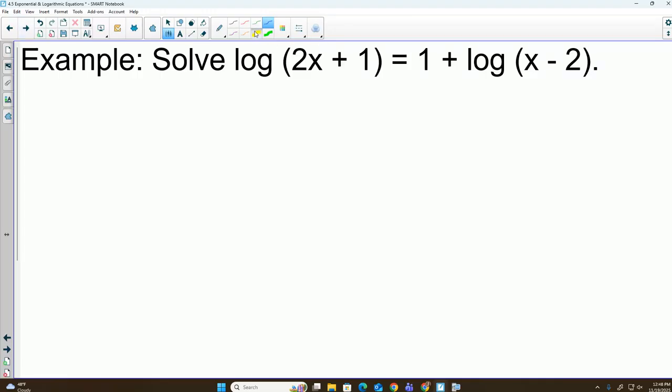You'll notice I have 2 logs. Can I combine my 1 with the log? No. So I should rearrange it so all the logs are on one side. If 2 logs are being subtracted, how do we put them together?